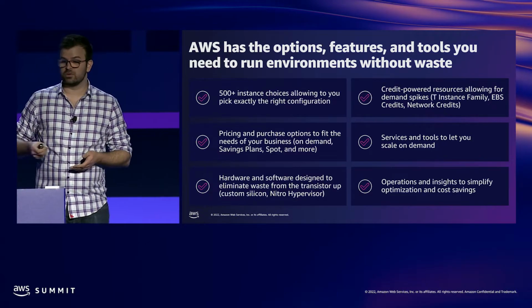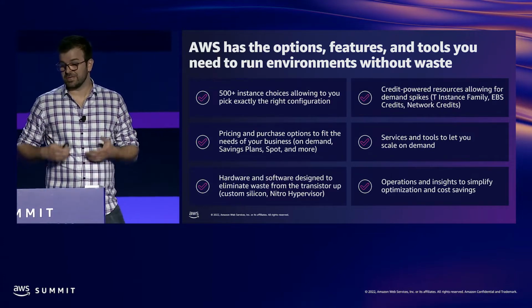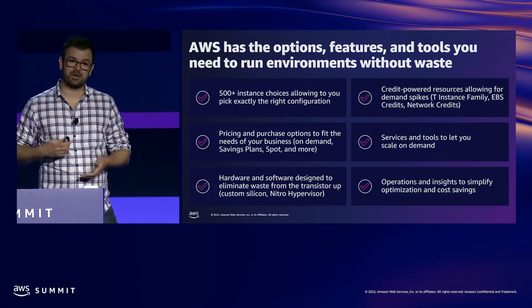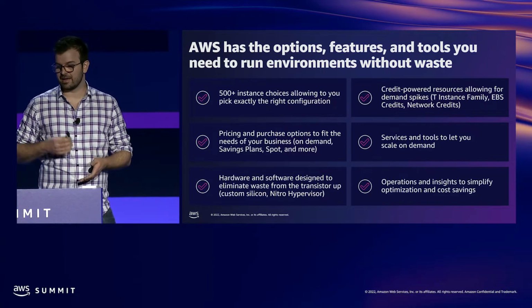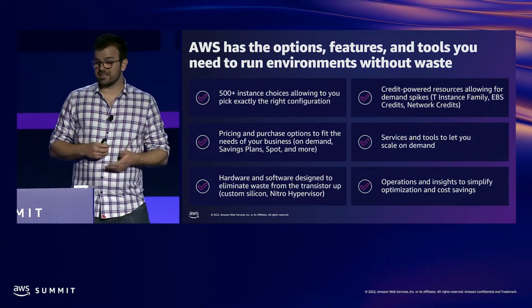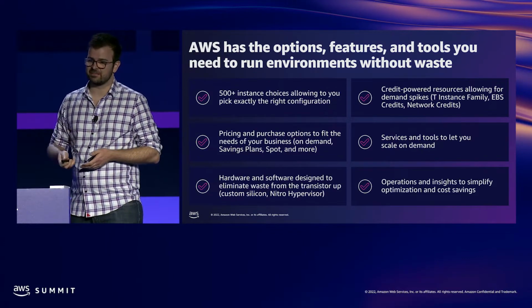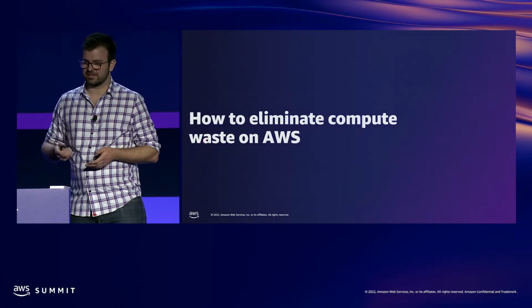You need tools that help your customers discover and reduce their waste. You need hardware that's designed to be power efficient and cost efficient for the performance that it's providing. And that's why we have so many options on AWS, because no two customers are the same and everybody has different needs.